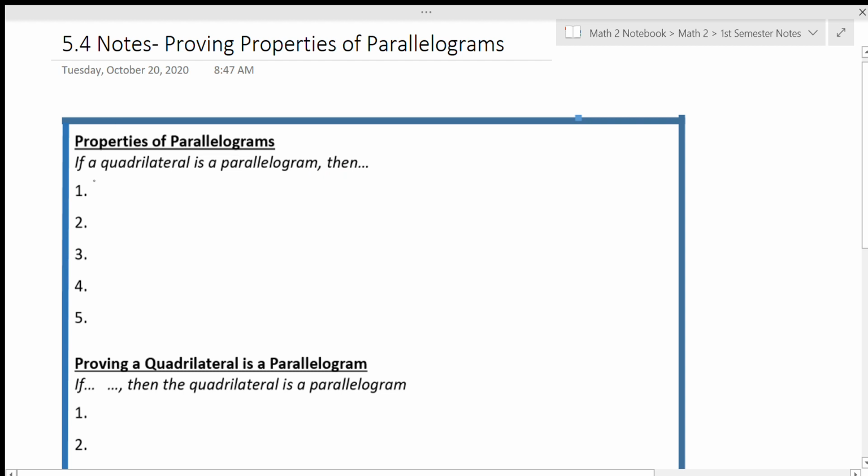So first we know that both pairs of opposite sides are parallel. And that's probably our most defining characteristic of a parallelogram, hence the name.